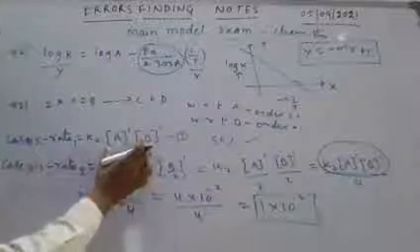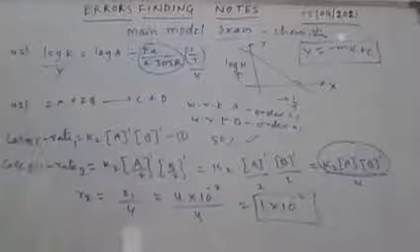Case 1, general order rate with respect to A and B orders, we can write the rate expression. After 50% of the reaction completion, A becomes A by 2, B becomes B by 2. We can relate the R1 and R2 expressions now. R2 is equal to R1 by 4, R1 value given in the question, divided by 4.